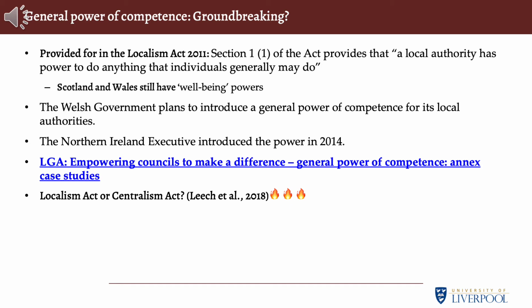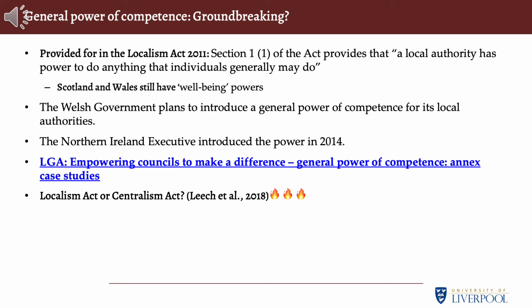New Labour introduced what was known as the Wellbeing Power in the Local Government Act 2000, which allowed local governments in England and Wales to promote the economic, social and environmental well-being of the area. A similar power was introduced in Section 20 of the Local Government in Scotland Act 2003.